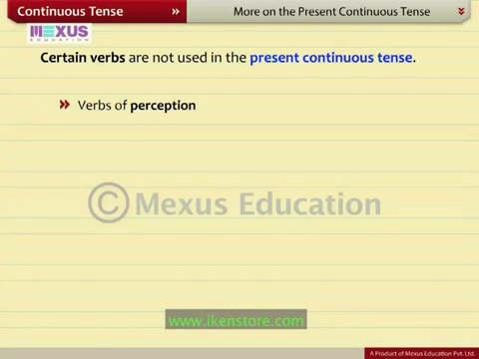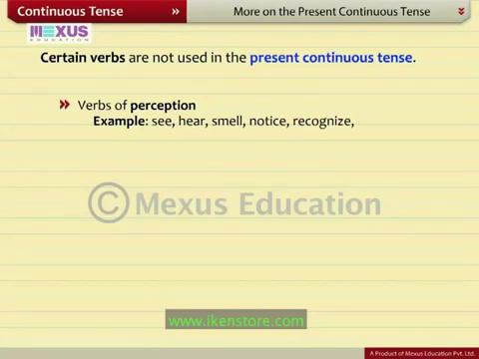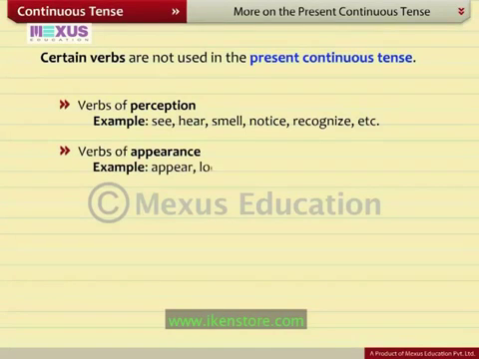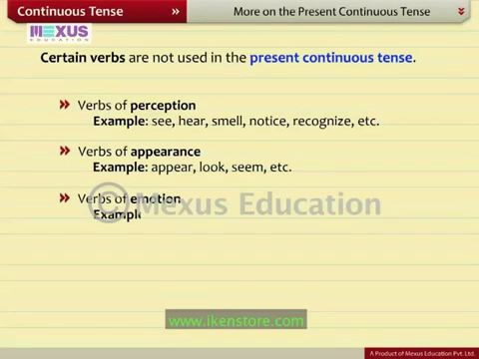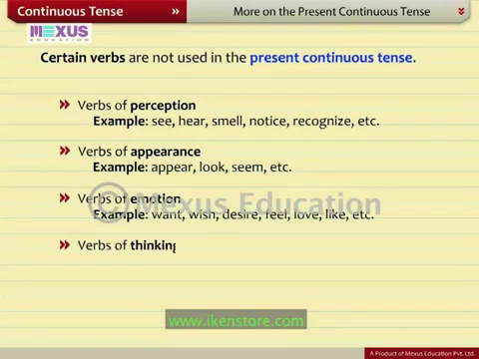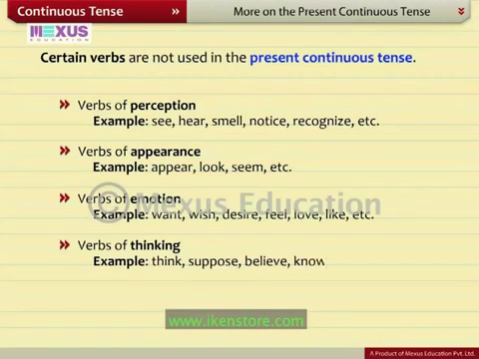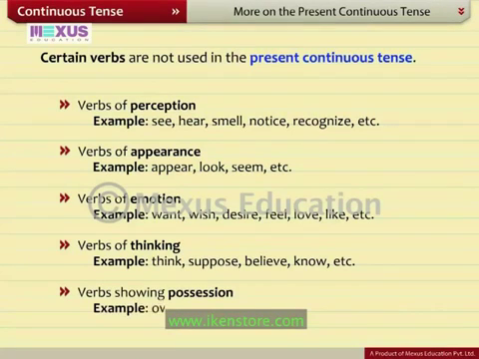Verbs of perception such as see, hear, smell, notice, recognize, etc. Verbs of appearance such as appear, look, seem, etc. Verbs of emotion such as want, wish, desire, feel, love, like, etc. Verbs of thinking such as think, suppose, believe, know, etc. And verbs showing possession such as own, contain, possess, etc.